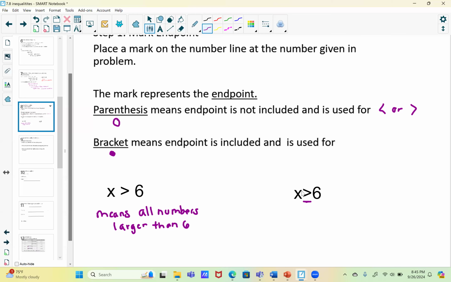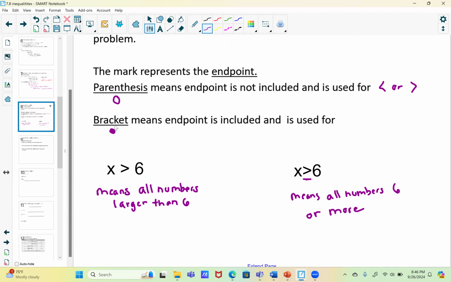For this one, though, because x is greater than or equal to 6, this means all numbers 6 or more. And so 6 is included. And if we want to include 6, we put a bracket on it or a closed circle. That means the endpoint is included, and 6 is my endpoint, so that number is included, and it's used for less than or equal to or greater than or equal to.